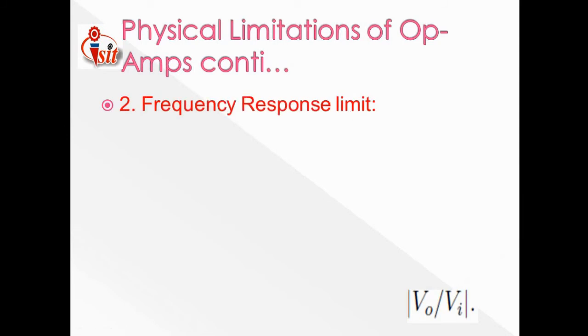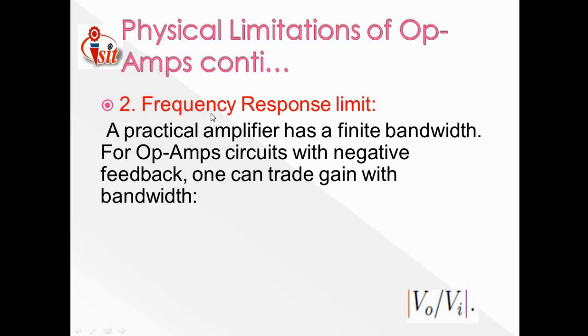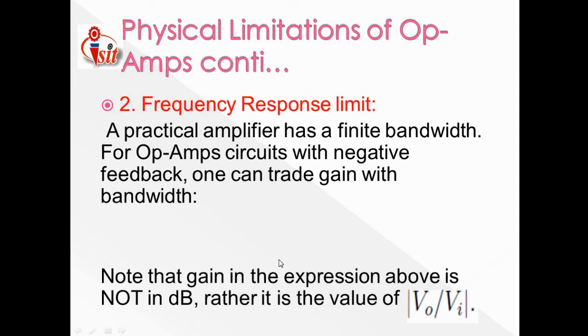Along with this, the second physical limit of op-amp amplifiers is the frequency response limit. What is the frequency response limit? A practical amplifier has a finite bandwidth. For op-amp circuits with negative feedback, one can trade gain with bandwidth.